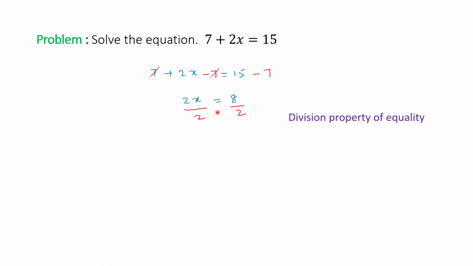So here I am using the division property of equality. 2 cancel. 8 divided by 2, 4. So here you have x. X is equal to 4. This is the solution for this equation.